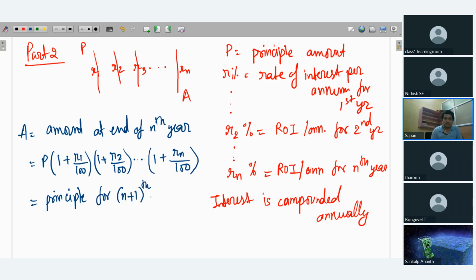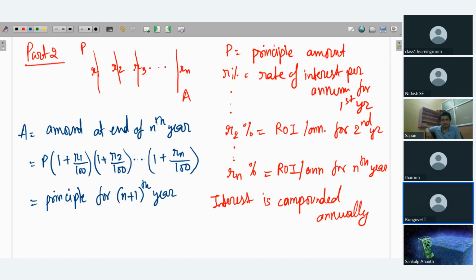So see, in part 2, every year has a different rate of interest denoted by R1, R2 and Rn. Can you see, if every rate of interest is the same, then it is the factor 1 plus R by 100 multiplied n times.